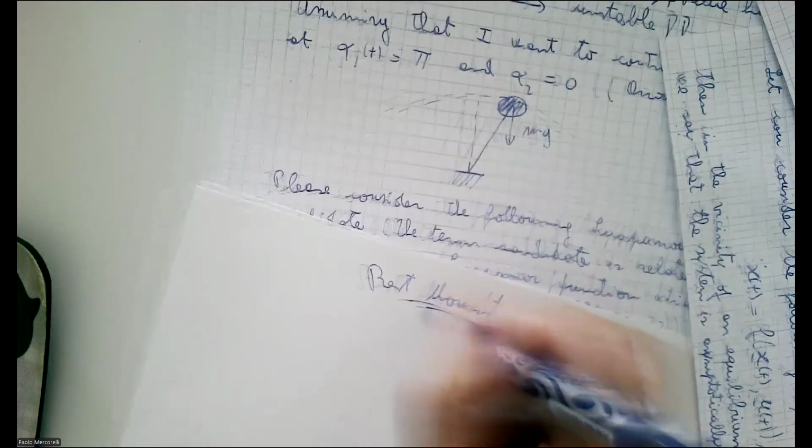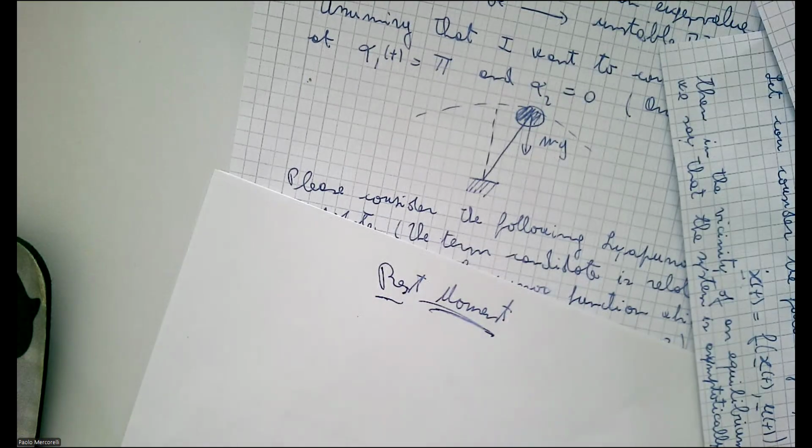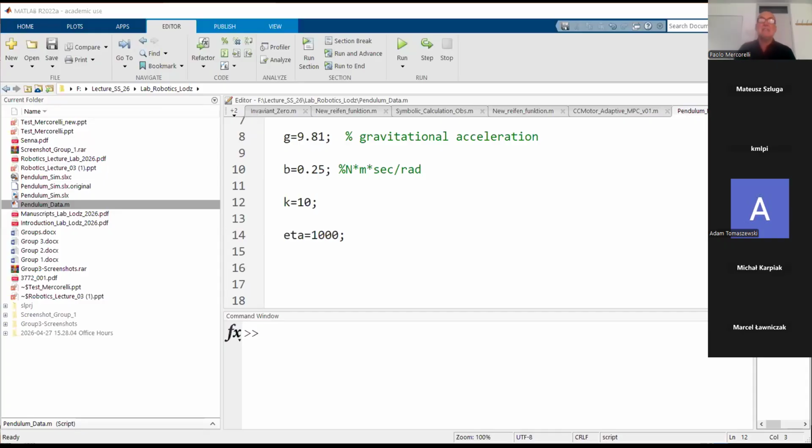Or the rest torque. This should be overcome in order to start. And of course, when we are in the braking phase, we will stop also because of this rest moment, because of the static friction, as we can imagine.